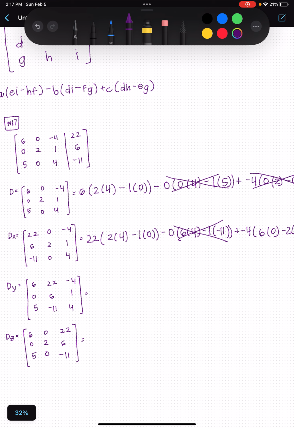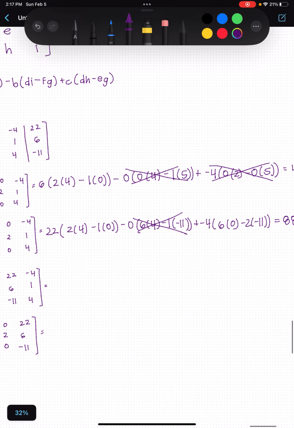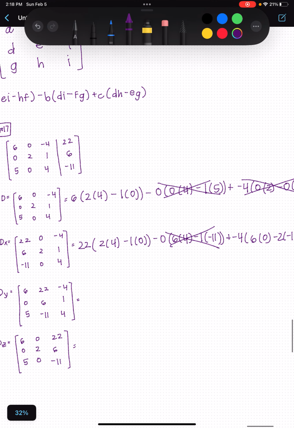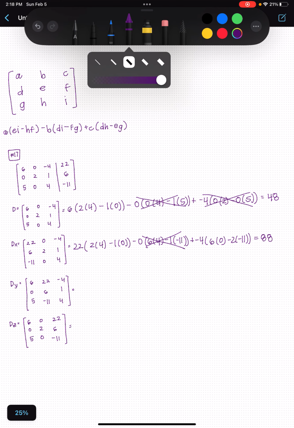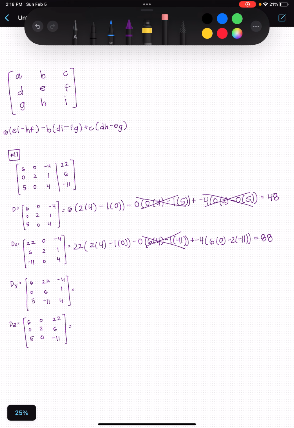Let's see. So 6, 2 times 4 minus 1 times 0, 0, 0 times 4, negative 4, 2 times 4. Oh, I screwed this front one up. Okay, I screwed up the top one. Let me erase it really fast. I just screwed up the very last part.